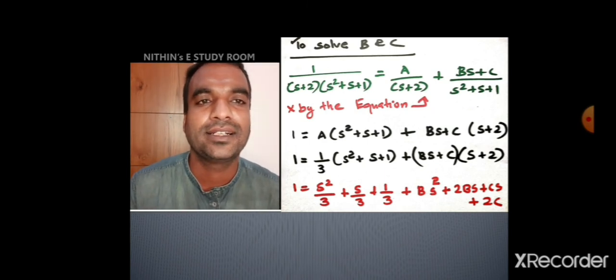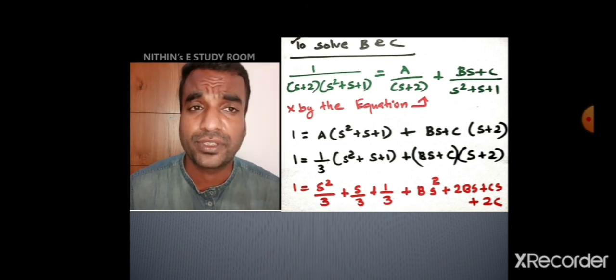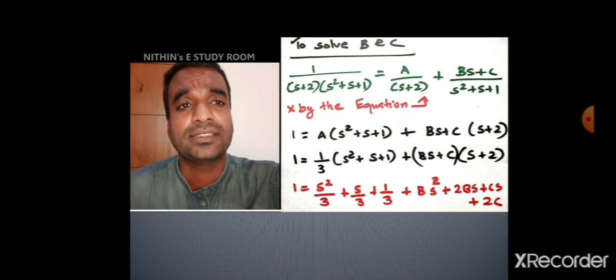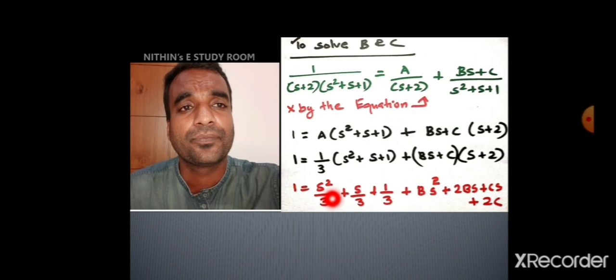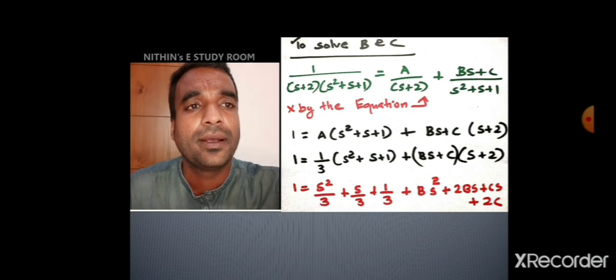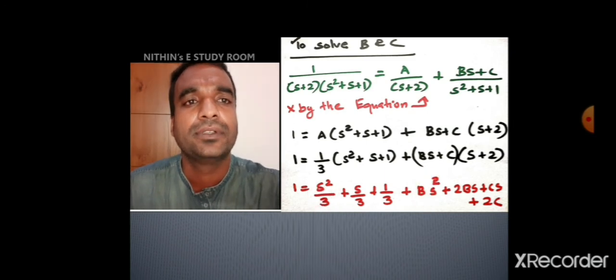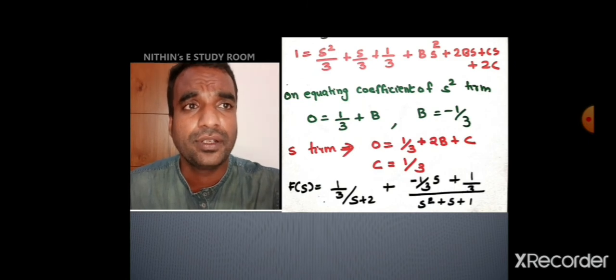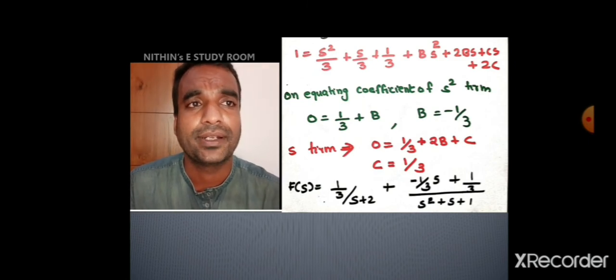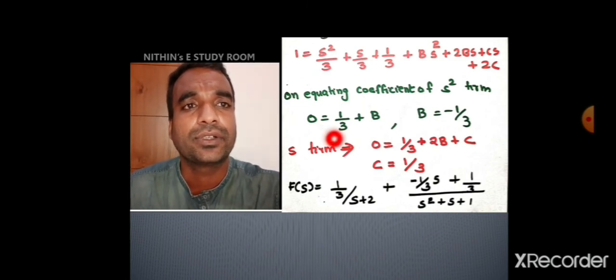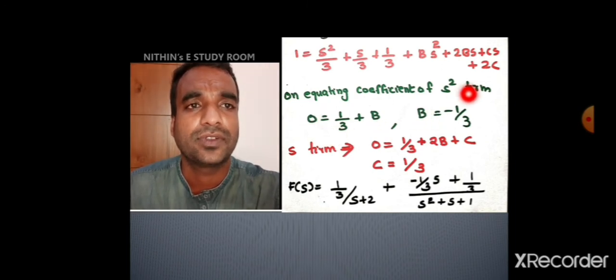On left side, there is no coefficient for s square, so it is 0. On right side, the coefficient of s square is 1 by 3 plus b. So equating, 0 is equal to 1 by 3 plus b, so b is equal to minus 1 by 3.